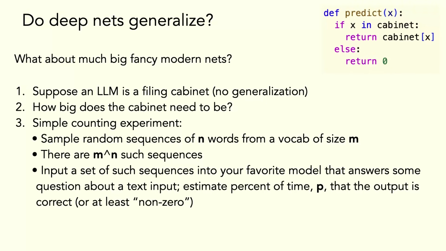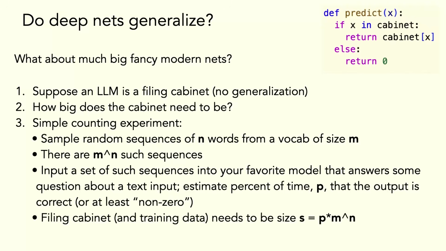So we can take our favorite language model. We can ask our favorite question about the input sequence and have the language model try to solve that question. That's how they work. You can prompt them to answer different questions about your input sequence. We'll ask, how often is the output something that's non-trivial, not what a filing cabinet would do. Then the filing cabinet, in order to get the score S, equals the number of unique sequences times the percent of times those sequences map to something non-trivial.